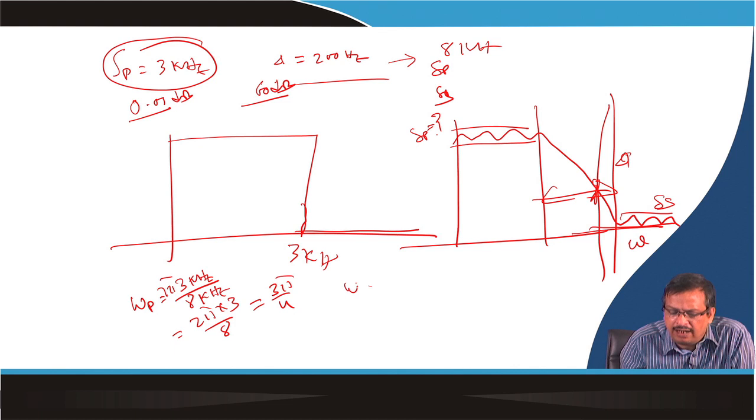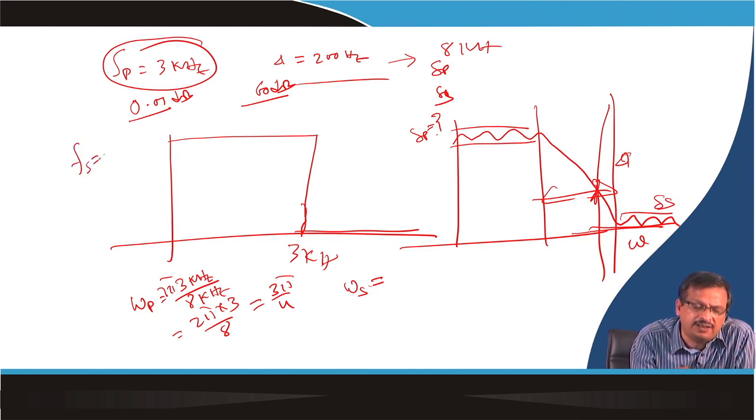Then what is omega S? Fp is given, so what is Fs? Fs is the stop band edge frequency, which is nothing but 3 kilohertz plus the transition bandwidth of 200 hertz, which is 3.2 kilohertz.